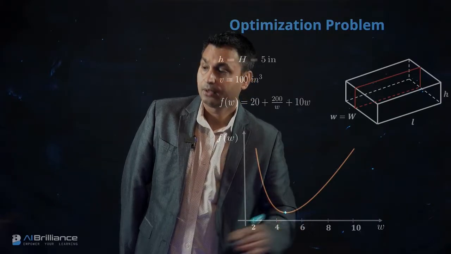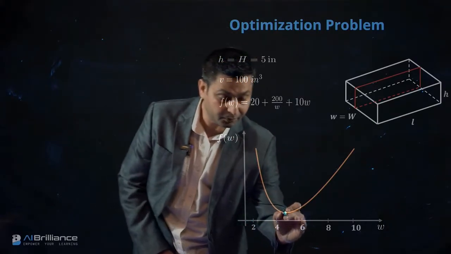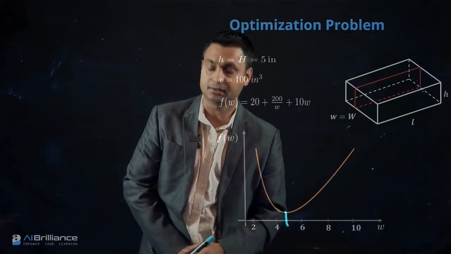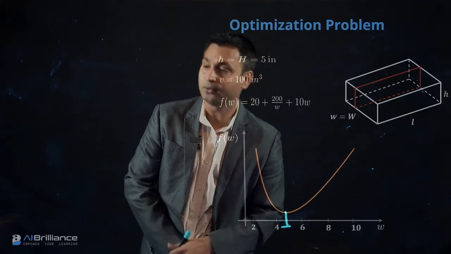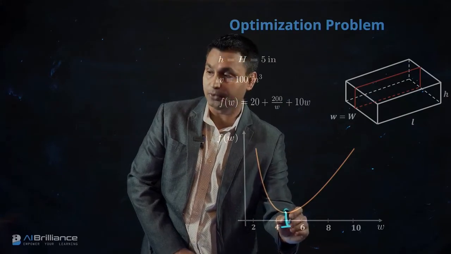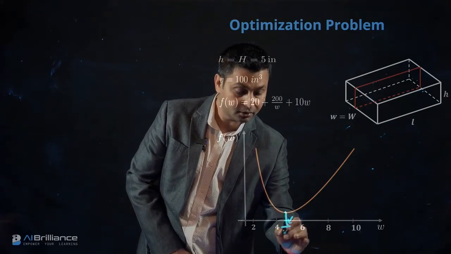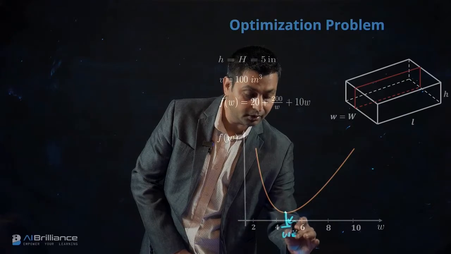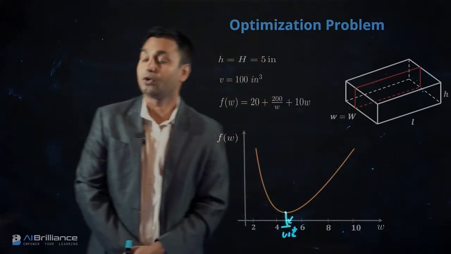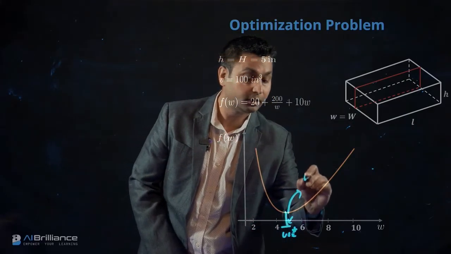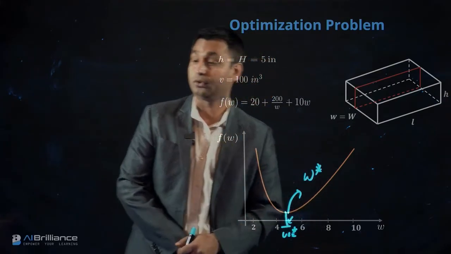I can project that on the w axis, and this point projected on the w axis will be the optimal width, the w star value that we are looking for.